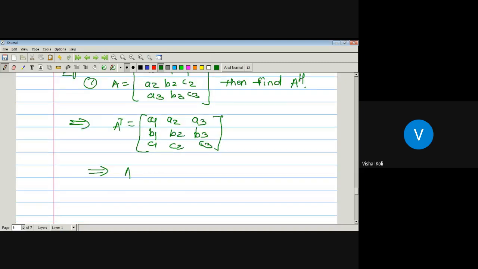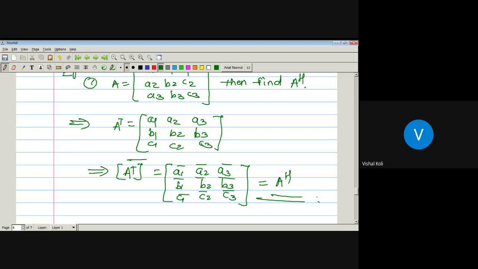So the conjugate of A transpose, denoted by this symbol, the bar, becomes, we just take the conjugate of each element: A1 conjugate, A2 conjugate, A3 conjugate, B1 conjugate, B2 conjugate, B3 conjugate, C1 conjugate, C2 conjugate, C3 conjugate. And now it becomes A to the power H. So the transposed conjugate matrix is nothing but this one.